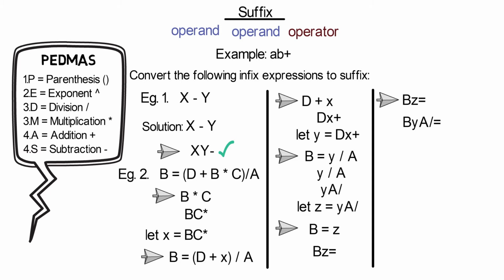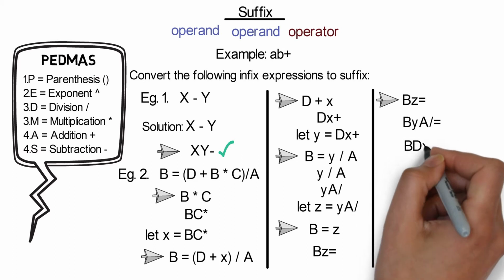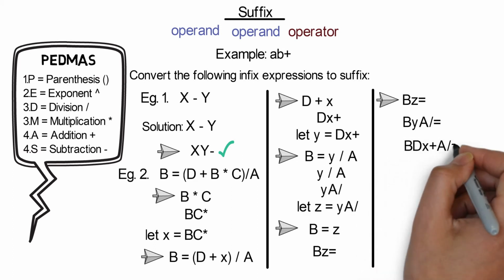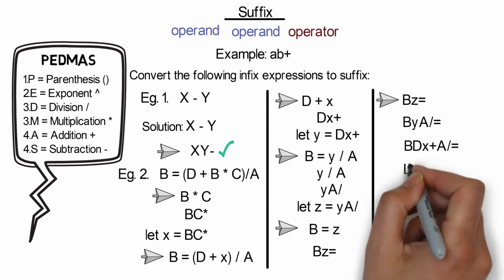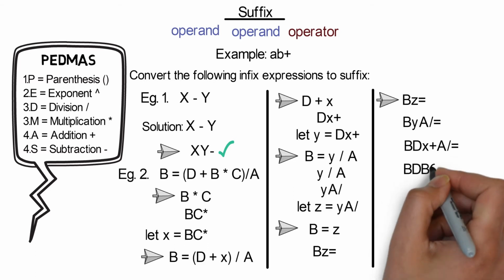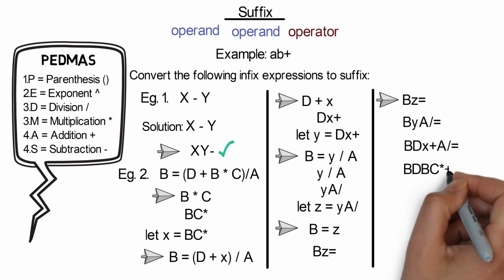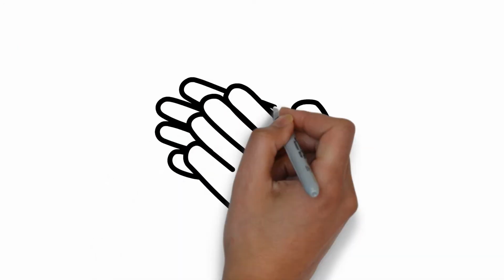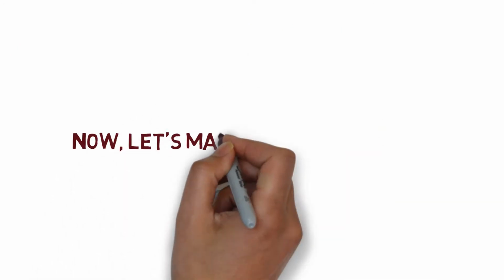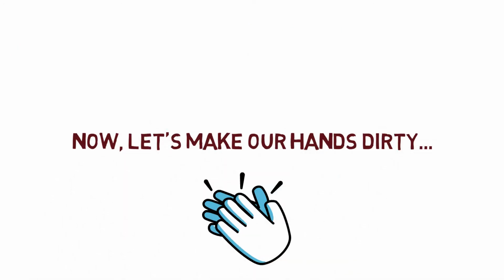Therefore, we have b dx plus a slash equals. Here we need to unveil x just as we did to y and z. Thereby getting b d b c star plus a slash equals. Voila. Well done, guys. Now let's get our hands dirty.